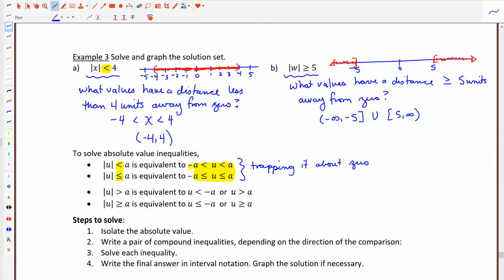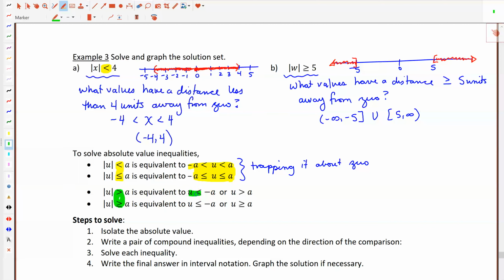If I have an absolute value that is greater than or equal to a certain distance away, that's going to be equivalent to setting up two inequalities. One for the values that would satisfy this left region, specifically u is less than -a, and then or I could have solutions in the right region, which would be u is greater than a.